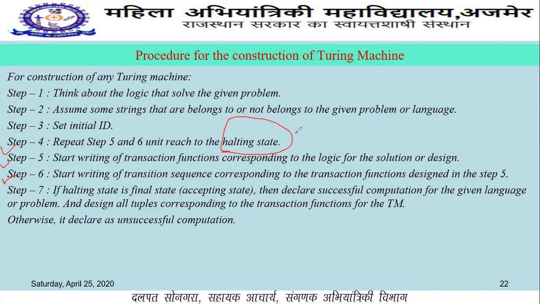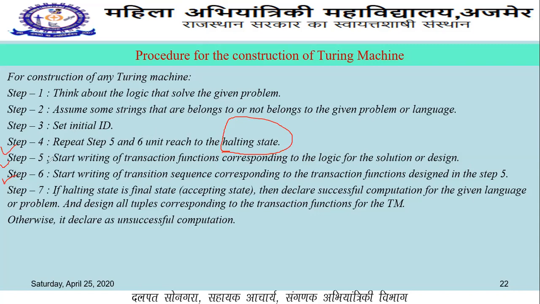So a halting state is sometimes an accepting state or sometimes a rejecting state, both. So we have to repeat step 5 and step 6 until we reach the halting state.